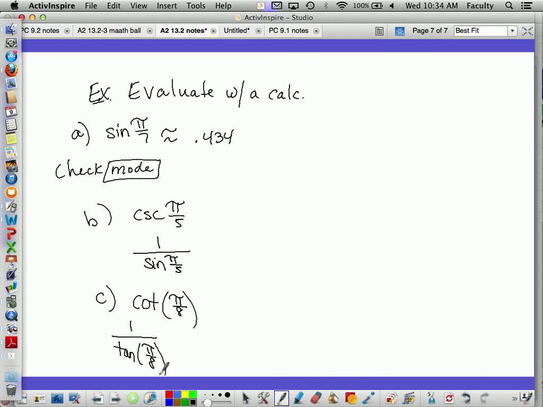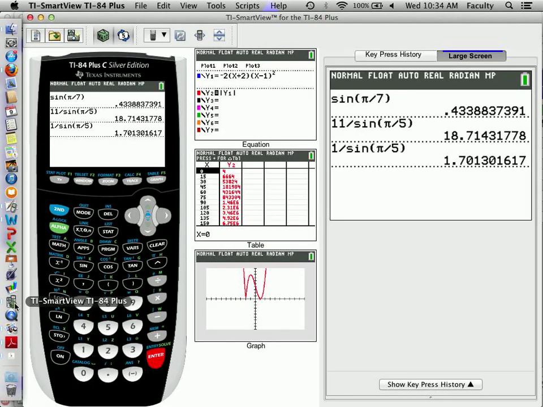And you should get in the habit of writing that, because if you do this all on your calculator and you write nothing down on your paper and you did something wrong, I can't even give you any partial credit. But if you wrote this down and then it was an entry error, then I can work with that. So I have 1 divided by tangent, pi over 8. And are you getting 2.414?